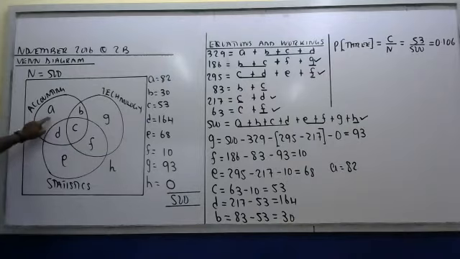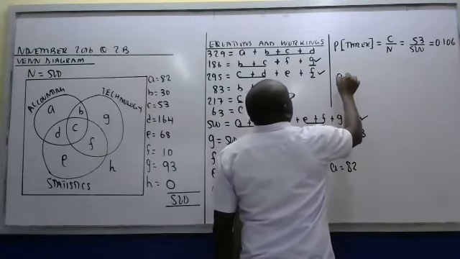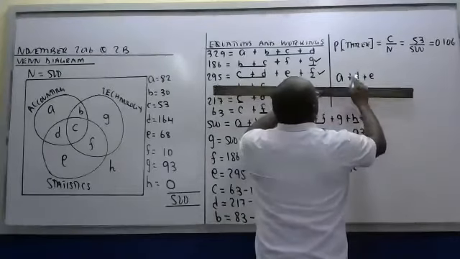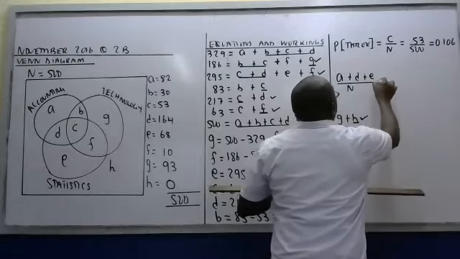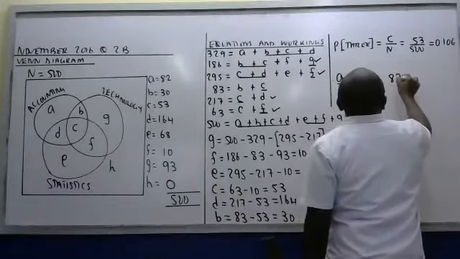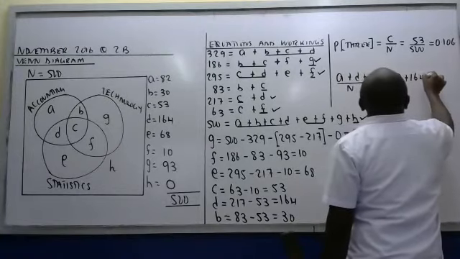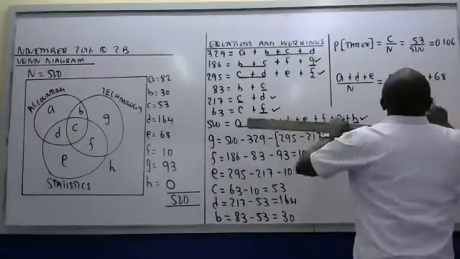So we'll be left with A, D, E. So that would be A plus D plus E. These ones, you divide by N. And this will be equal to 82 plus D, which is 164, plus E, which is 68.